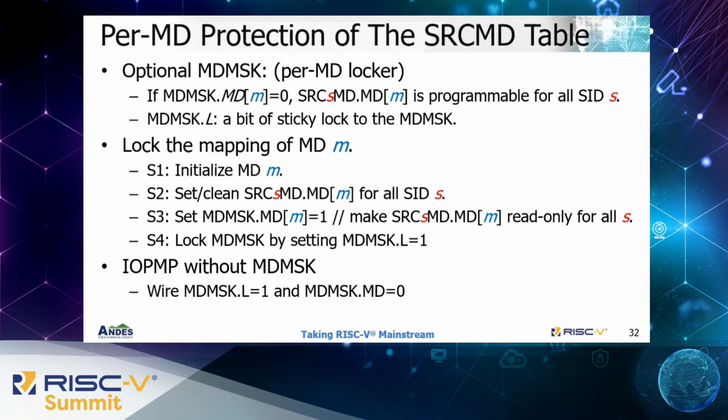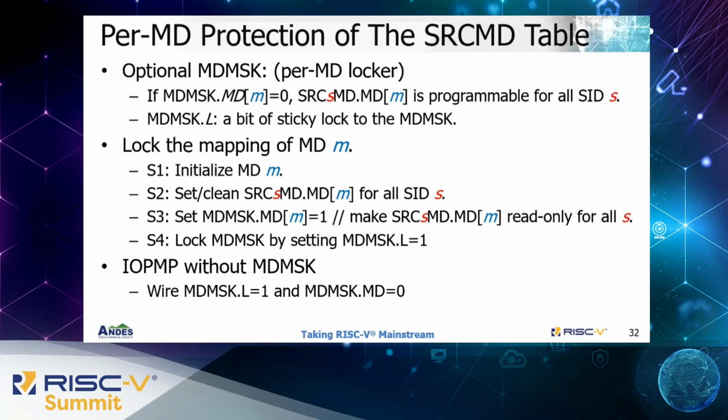A reference flow is as follows. Build a memory domain M, then set or clear the bit M in all SRC MD registers according to whether the source ID S is permitted to access the memory domain M. Then make all such bits read-only by setting the bit M in the MD field.